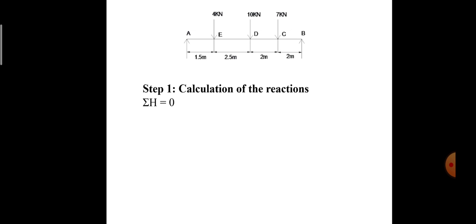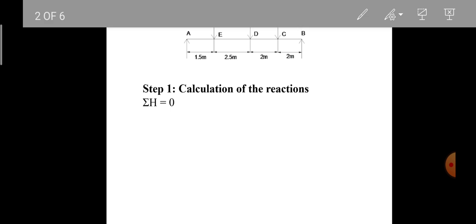The first equilibrium condition is that summation of all the horizontal forces in the beam is equal to 0, that is, the algebraic sum of all the horizontal forces is equal to 0. Here we can notice that there are no horizontal forces in this beam. Therefore, the first equilibrium condition is automatically satisfied.